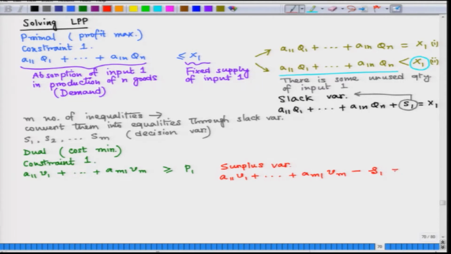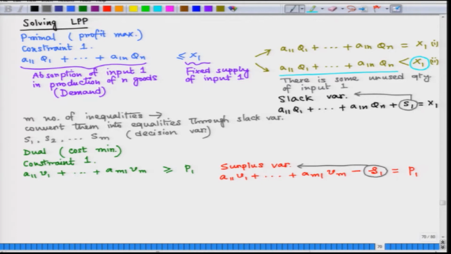And now if I take that extra part out, it shall equal to my per unit profit from commodity 1, right. Okay. So, here the small s1 is basically my surplus variable.